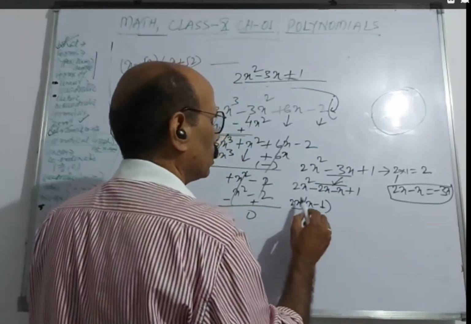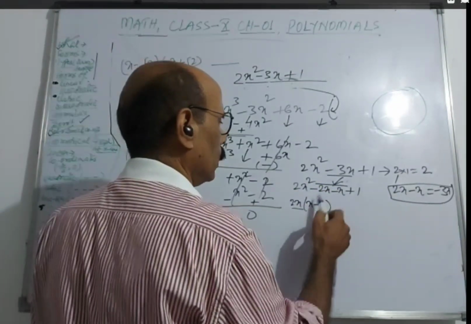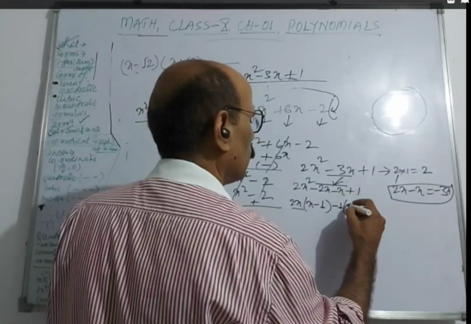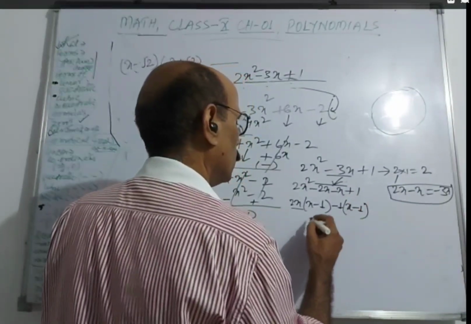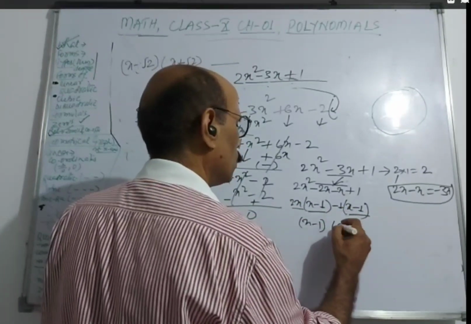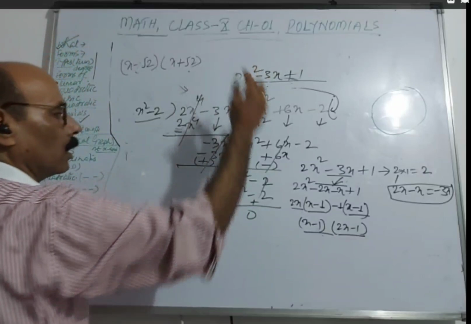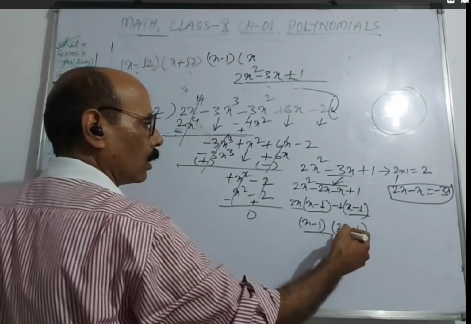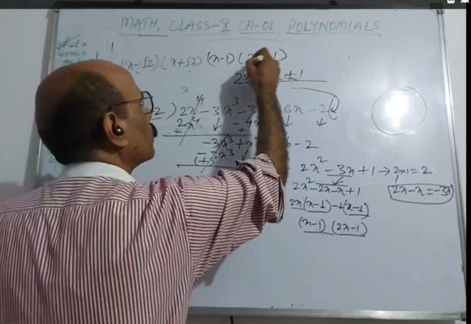These two are common: x minus 1. What is left? This and this, 2x minus 1. That means the other two factors are x minus 1 and 2x minus 1.